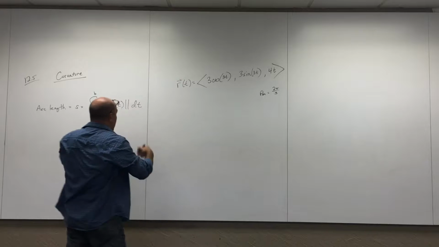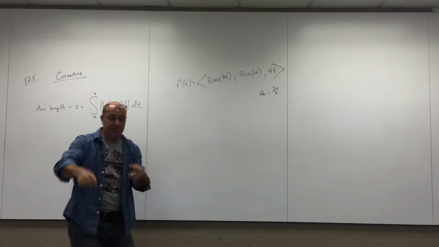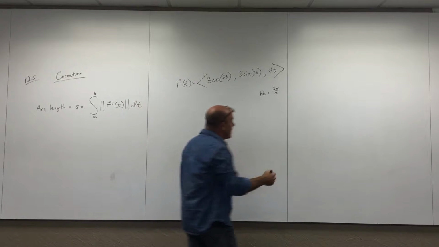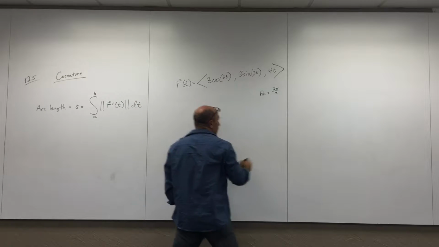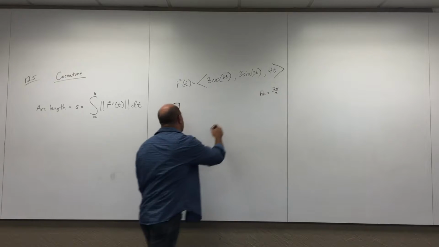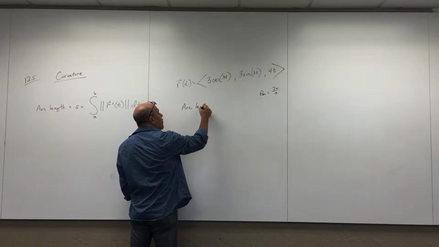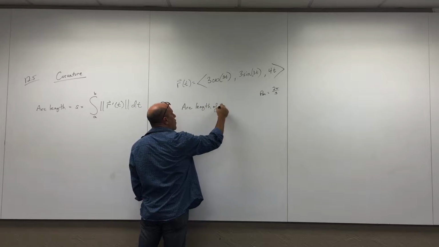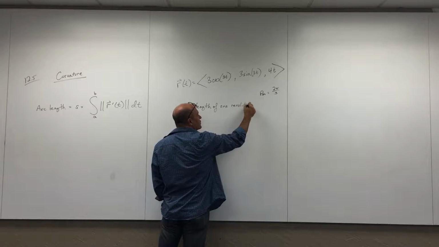If I wanted to calculate the arc length of this, I need to ask a question: how much of the arc length do I want? Maybe I want the arc length of one lap, one revolution of this helix.